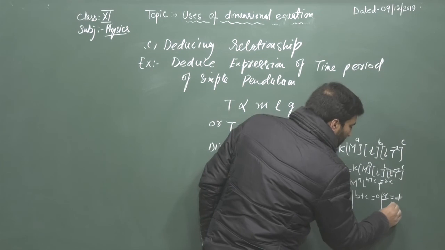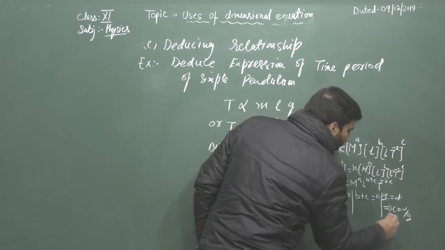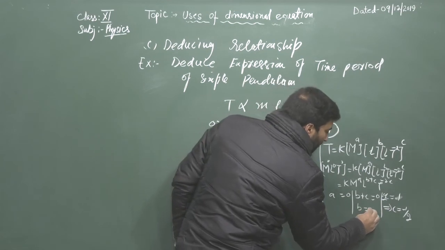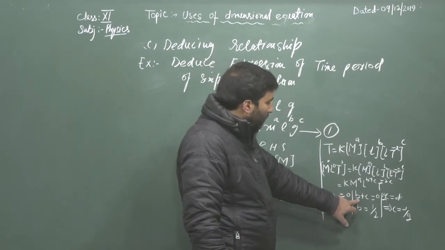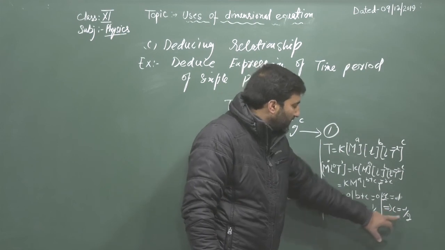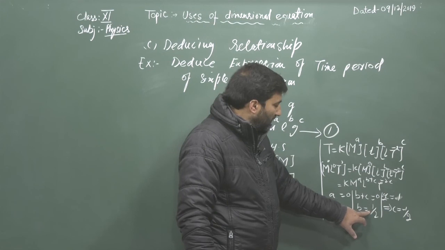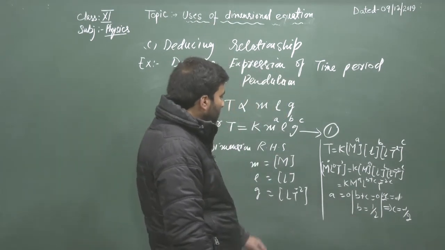Minus 2c is equal to 1, which implies c is equal to minus 1 by 2. Therefore, when we substitute b is equal to minus c, and instead of c we write minus 1 by 2, it becomes b is equal to 1 by 2.